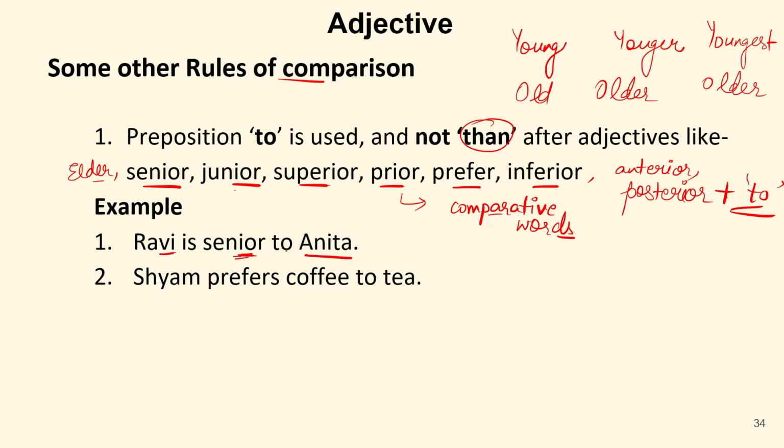Senior is itself a comparative word, so here I have used the word to. Sham prefers coffee to tea. He liked tea, but he liked coffee more than tea. So he prefers coffee to tea. So it is to, not than. So this is a very important part, and many a time errors come from this part.